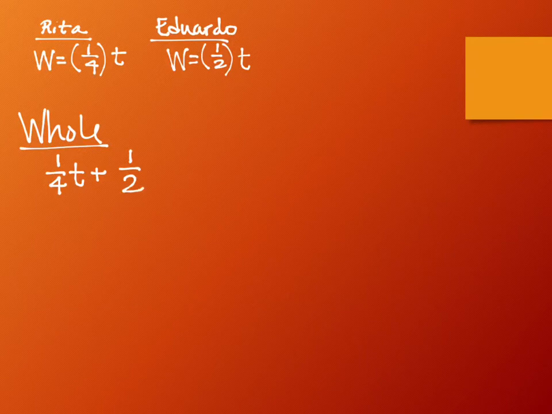He's working at 1/2 T. And I want them to keep working until the whole job is done. So the one on the other side represents 100% of the job done. Much like the 1/4 represents 1/4 of the job done and 1/2 represents 1/2 of the job done. Does that make sense to everybody? So when I said a moment ago, if I just plug the number 1 in, that's not enough. This is what I'm talking about.